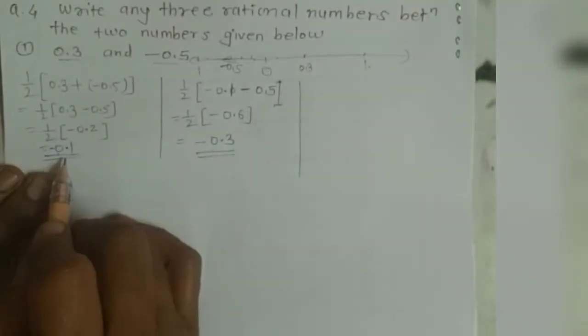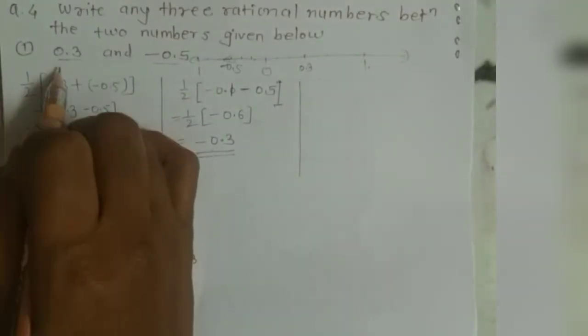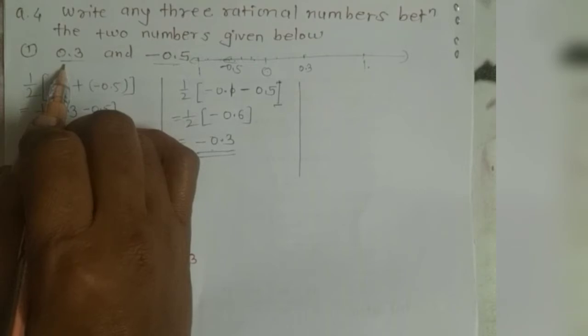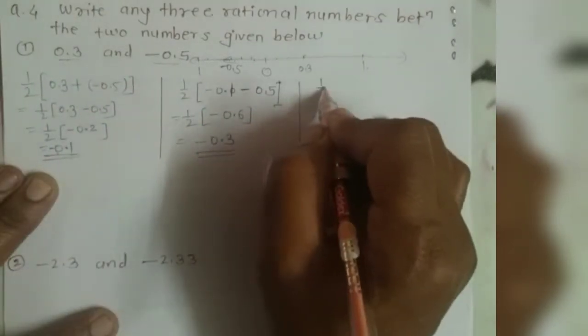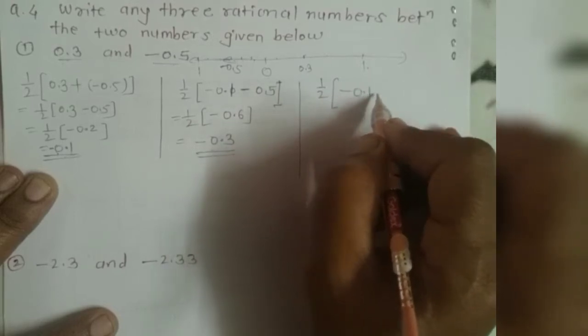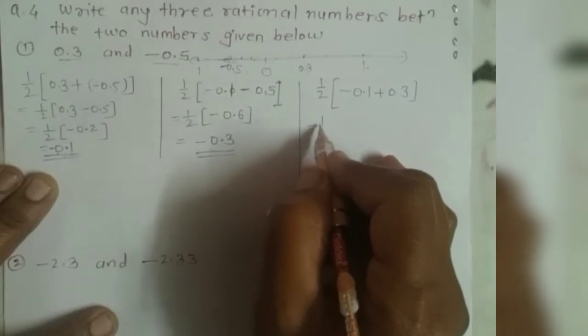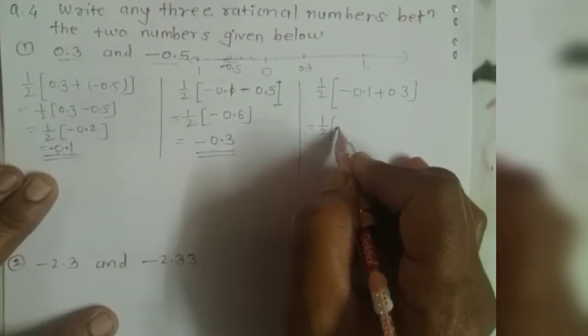Also, as we join this number negative 0.1 to this side, we can join to this side also, means the positive side. The third number can be obtained like this: negative 0.1 plus 0.3 is equal to 1 upon 2.